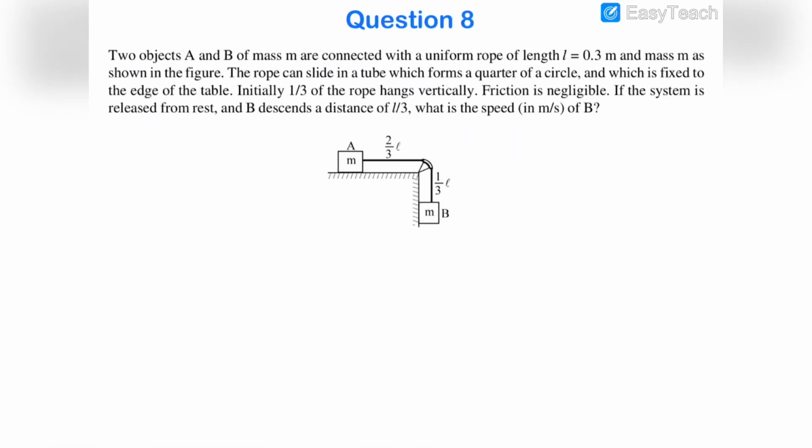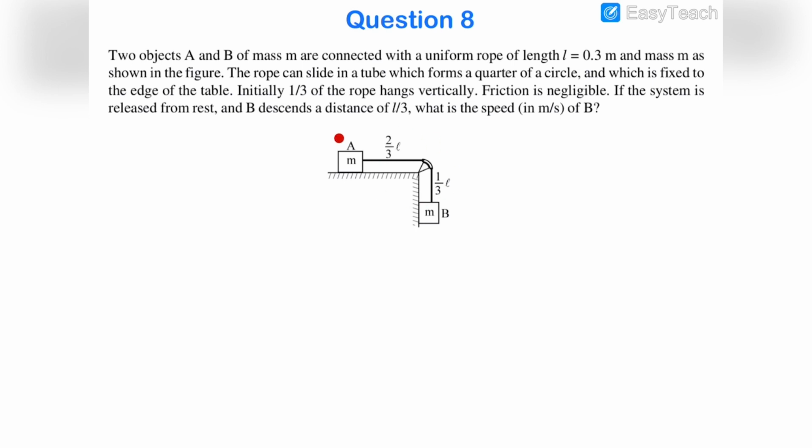In this question, you can see that there are two objects of the same mass m, connected with a rope of length L. L is equal to 0.3, and the mass of the rope is also m.